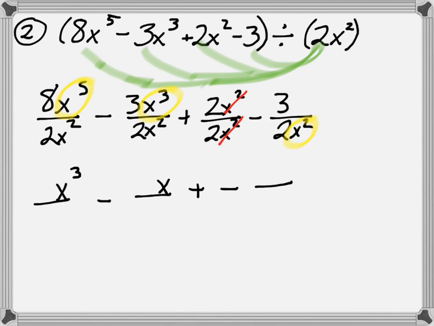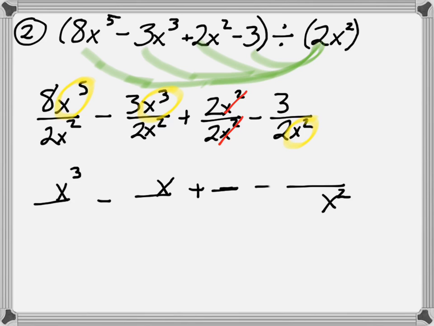The next one cancels out. And the last one, x squared on the bottom. x squared in the denominator.